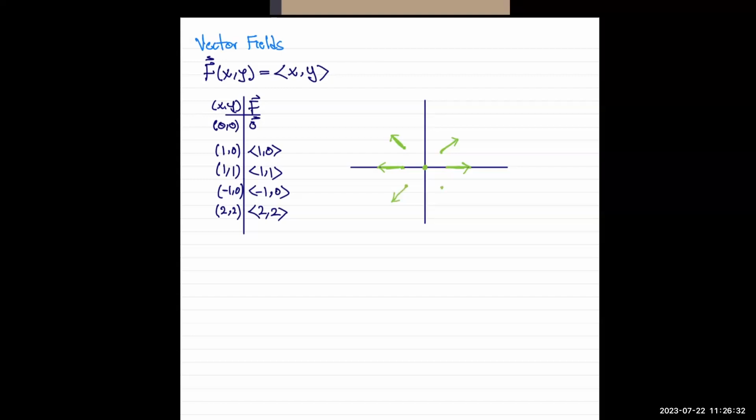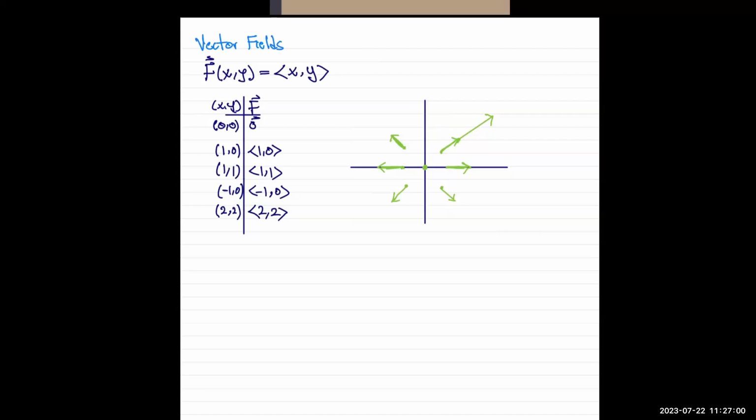I'm going to draw some more vectors, although I did not find these vectors in the table. Say here's the vector 2, 2. Again, vector 2, 2 has a higher magnitude. If you draw more and more of these vectors, you could see that all the vectors are pointing away from the center, or the origin.